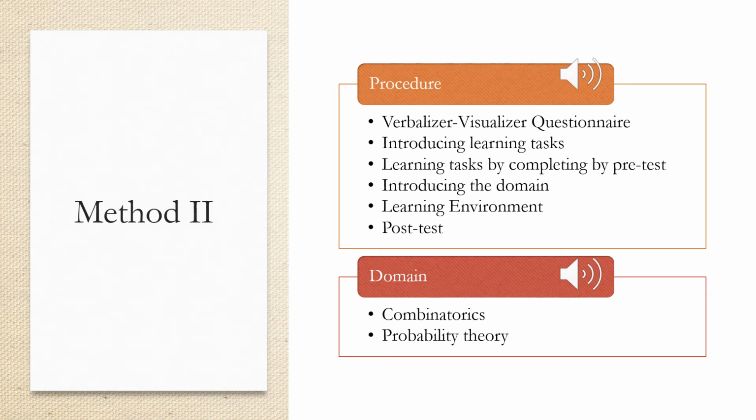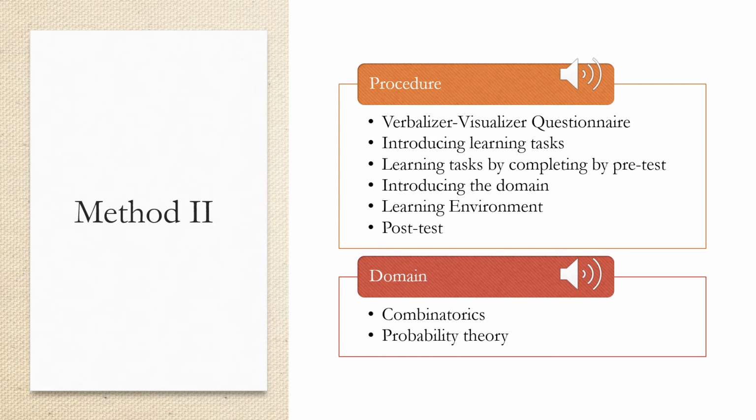After they completed the tests, they were informed about the learning task and could work at their own pace. They first had to complete pre-tests for the learning tests, and they were introduced to the domains and how to enter the learning environment. Once they completed the introduction of the learning environment, they needed to do the post-test.